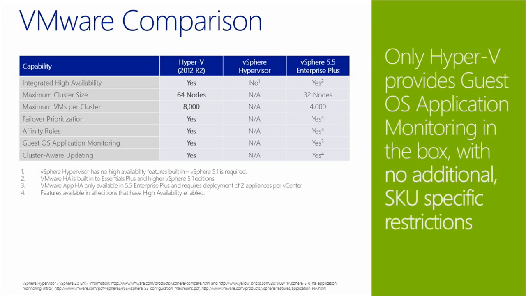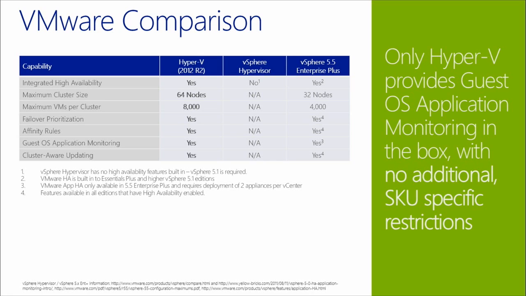So with just a few clicks, you can set up the cluster patching, go away for the evening, come back the next day, and your cluster should be fully patched and fully compliant. So let's take a look at VMware and how they stack up with some of these cluster management capabilities. Well, the free inbox version, unfortunately, doesn't really have any of these capabilities. There is no clustering available.